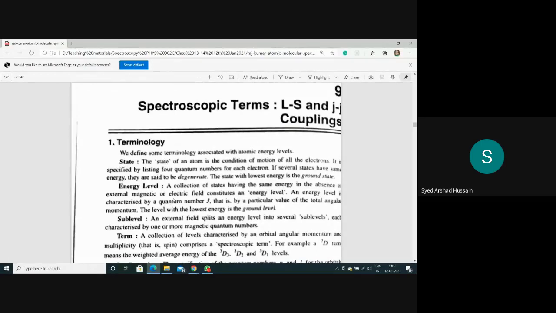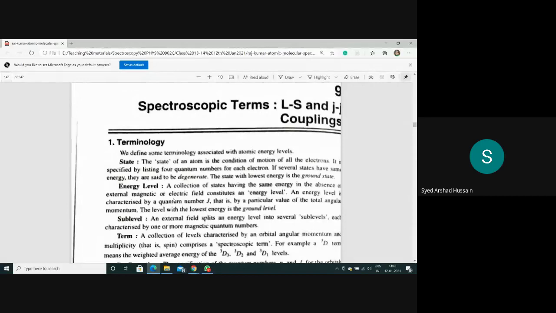Then statistical weight. That means occupancy. That is 2J+1. Then component. Component means transition between two sublevels. For example, in case of Zeeman effect, if you are observing the sodium D line, according to spin orbit interaction you have two lines, because these are transitions from P3/2 to S1/2 and P1/2 to S1/2.